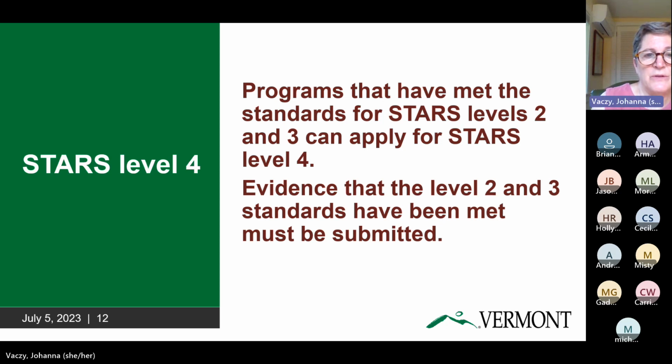The evidence that you've used to show that you meet levels 2 and 3 standards must also be submitted if you apply for stars level 4, but you don't have to do a separate CQI plan for each one of those levels. The CQI plan will just be for the stars level that you're currently applying for.